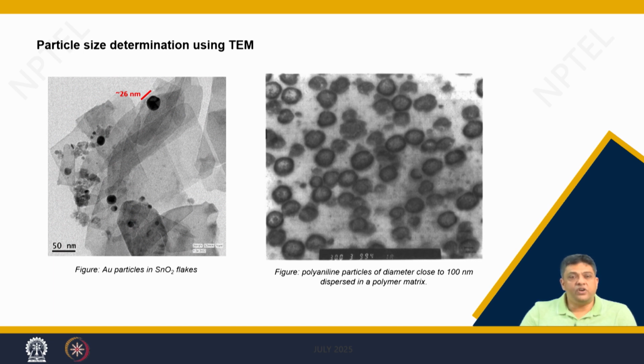You have transmission electron microscope. For example, this is gold particles in between the tin oxide flakes. So, you can see the flake like structures of SnO2 in between which the gold nanoparticles are dispersed, and using this scale you can find out what would be the size of the flakes and the particles which are dispersed.